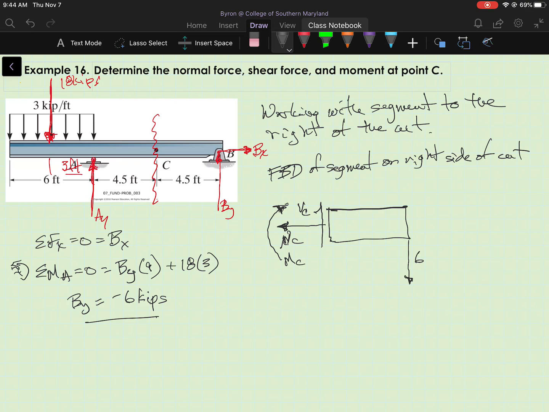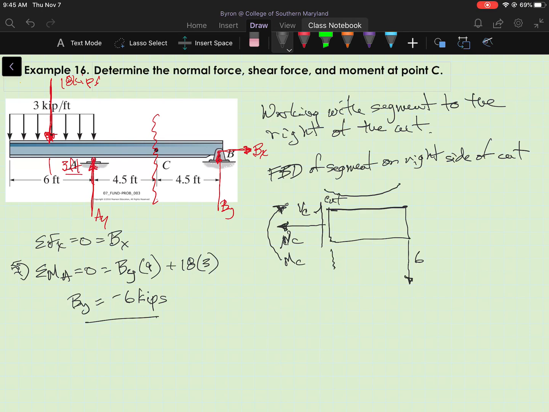In other words, it's trying to make the beam bend like this, concave upward. Okay, so again, this is the cut here.